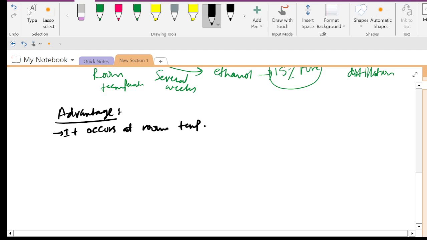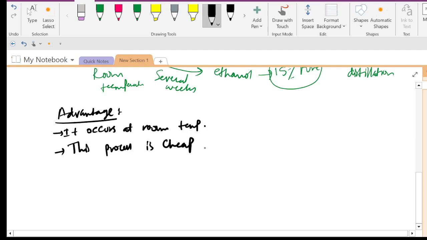And the second thing is that it does not require any further heat or energy, which means this process is cheap. It is of low cost.